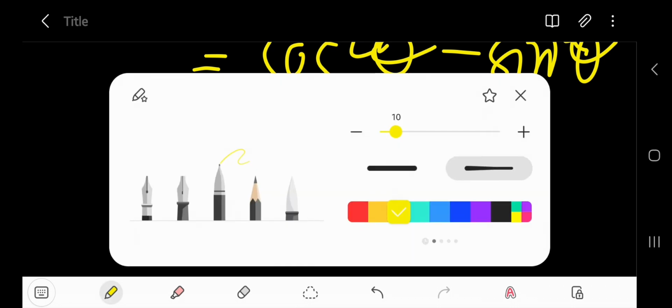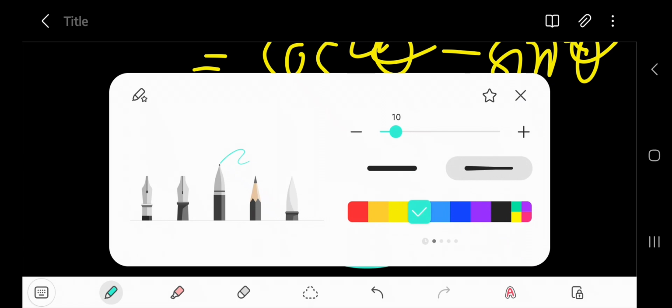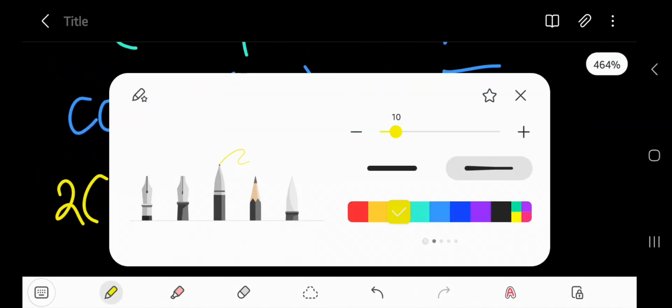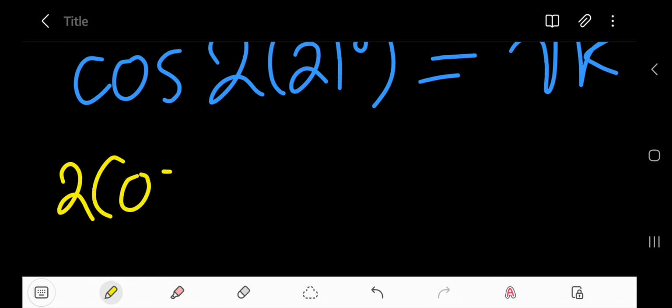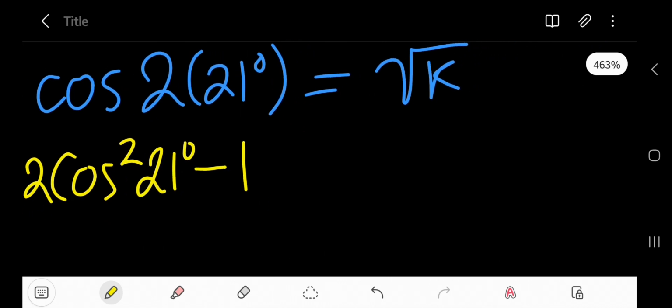And remember, what we're looking for is this one over here. So let's change it into this one because it's most applicable. So now we have 2 cos squared theta minus 1, and our theta in this case is 21 degrees, which still equals the root of k.